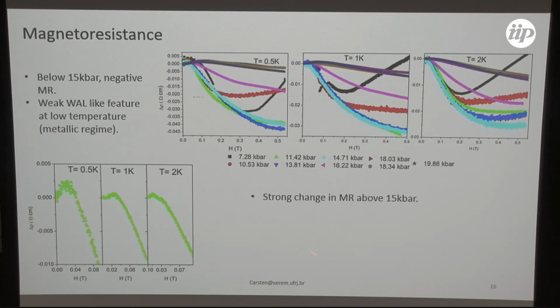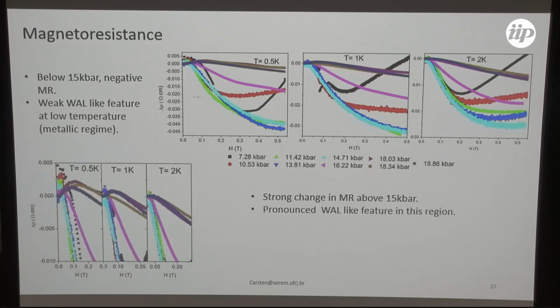And then, after the transition, the magnetoresistance changes quite drastically, so you can see now that it is quite flat in comparison to this. It's still negative, but it's quite flat in comparison to the curves before. And you see now at low fields, you actually have a much stronger feature in the magnetoresistance that looks like a weak anti-localization.